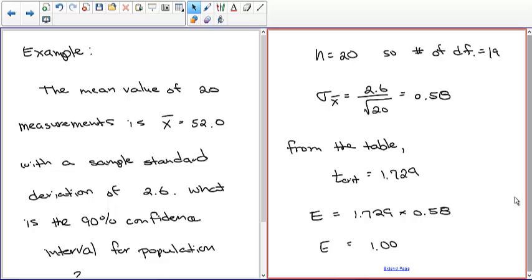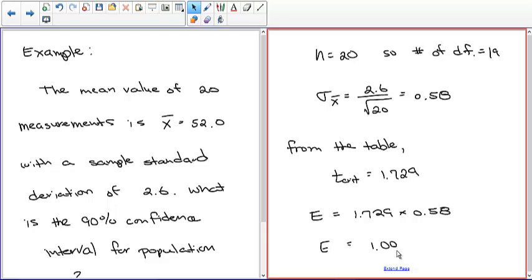So all we have to do to find the margin of error is take this critical t-score we got from the table, which was a function of the number of degrees of freedom, which is the number of data points minus 1, and the confidence interval, so that's easy to figure out. You multiply that by the standard deviation of the sample means. These two numbers multiplied together give you 1.